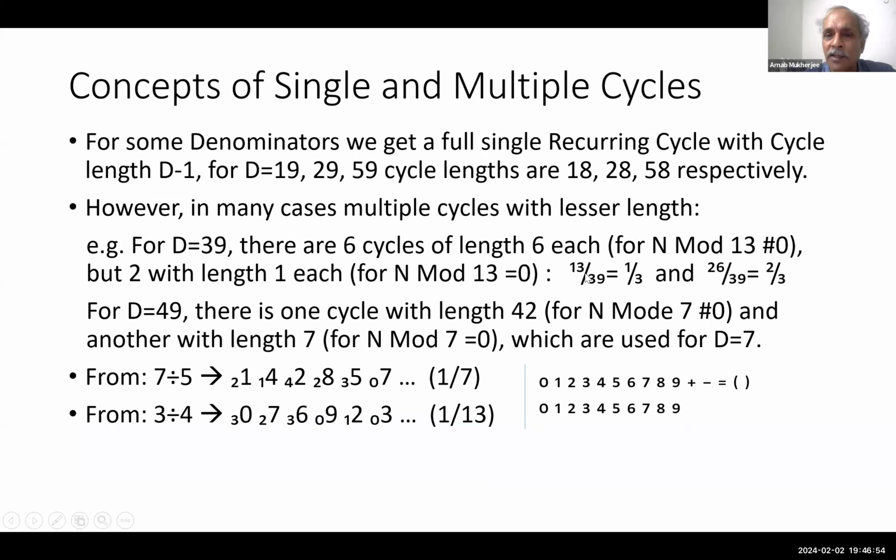The other two are coming from here. 13 by 39 actually is 1 by 3, and 26 by 39 is 2 by 3. Therefore those two total becomes 38. For 49, there is 1 cycle with length 42, and another of length 7, where n mod 7 is equal to 0. But that is denominator 1, 7.